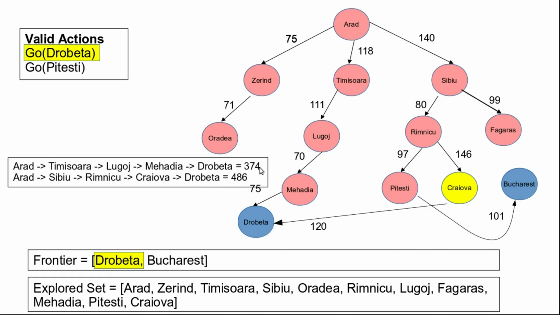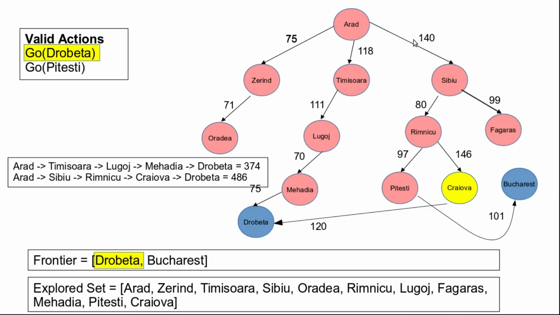The first path has a cost of 374, and the new path from Craiova through Craiova has cost 486. So the earlier path that we had discovered is actually more optimal in case of Drobeta.